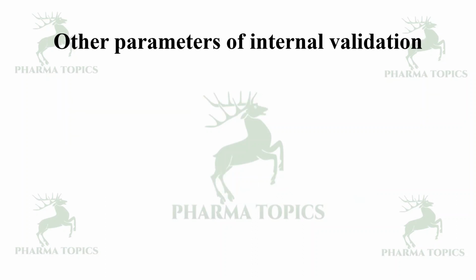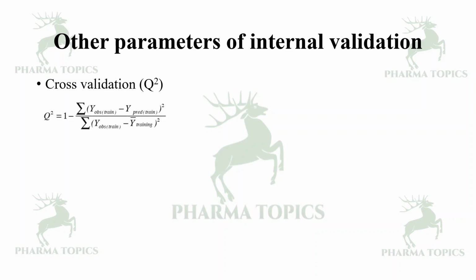Other parameters of internal validation are cross validation Q square. There is another formula for that. If you are able to remember this, you can use this formula, 1 minus, which we have seen in the previous slide also. Then the squared correlation coefficient, that is R square.